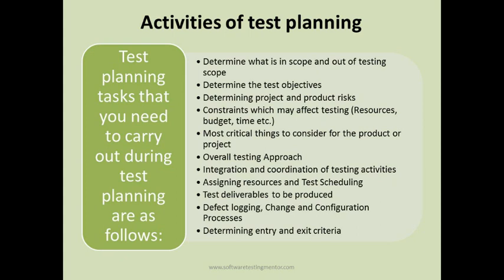For example, if you're using Jira or Bugzilla for defect tracking, or some other tool for requirements management, all this information of tools will go into test planning as well, along with determining entry and exit criteria for testing activities. So these are some of the activities of test planning. This is not a comprehensive list, but these are very important activities that you need to determine before you go ahead with writing the test plan.